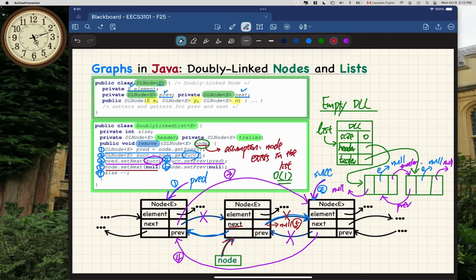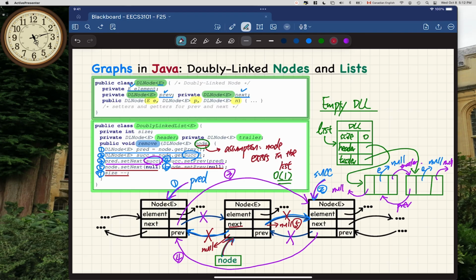And then the node.setPrevious will be null. Node.setPrevious right here is going to be pointing to null. At the same time, you also try to decrement the size because we're removing one node, right? So these are basically what you learned from 2101. I just want to review very quickly the essence of manipulating doubly linked nodes.